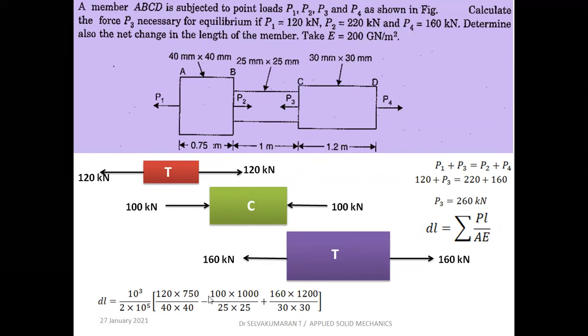Here it is compression, so that's why it's negative: 100 into 1000 divided by 25 into 25. And the third one is the third member CD. This is tension, right? So plus 160 into 1200 divided by 30 into 30. So 0.547 millimeter is the net change in the length of the member.